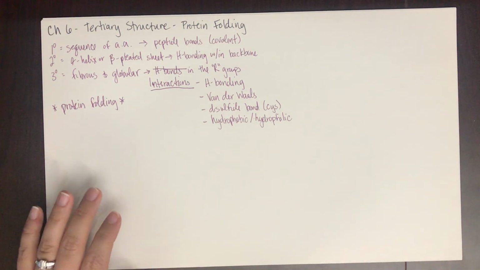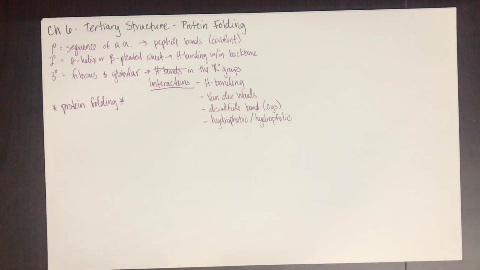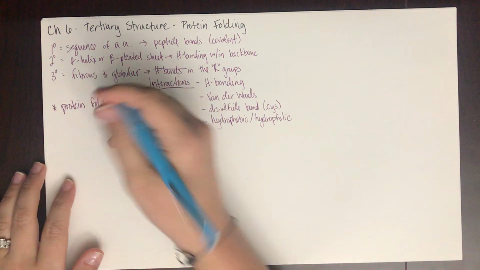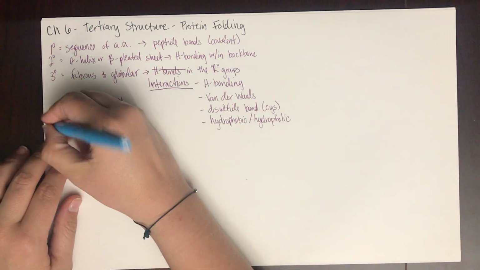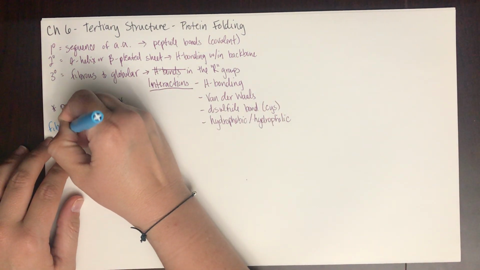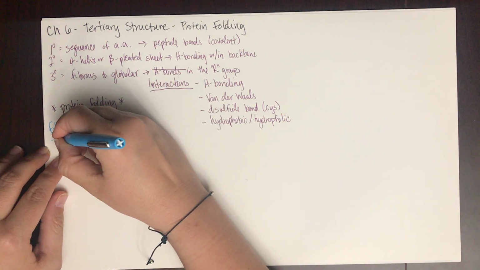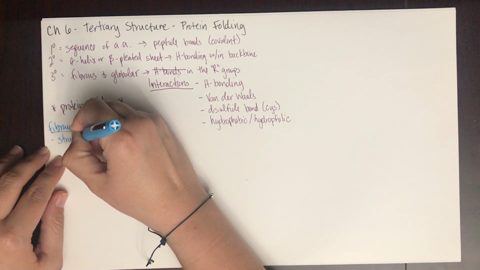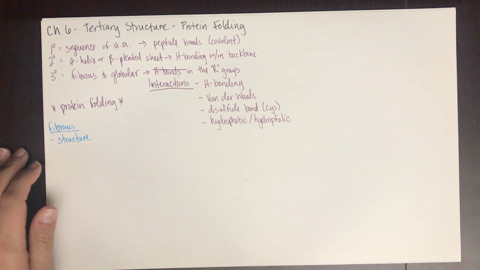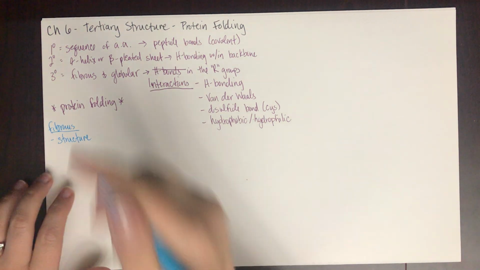So let's talk about some of the jobs that proteins have. We already talked about fibrous proteins. We said that their job was mostly in structure. That was the collagen example that we looked at.